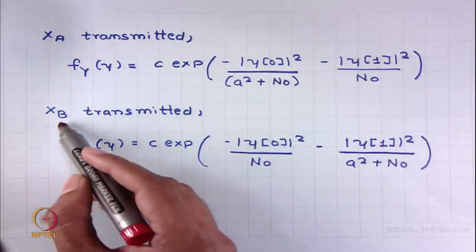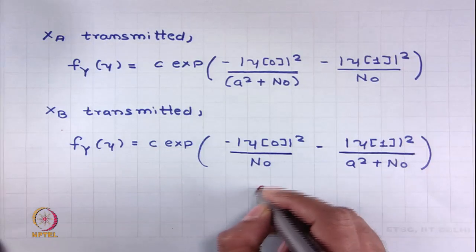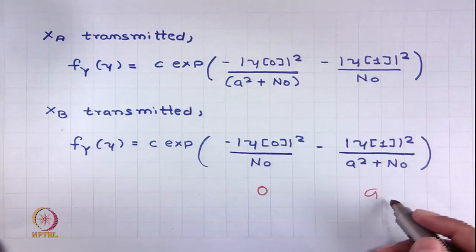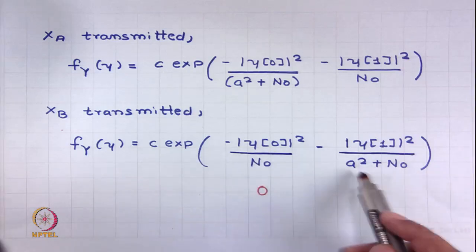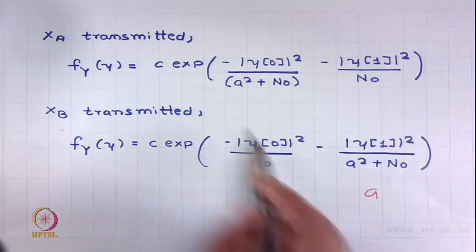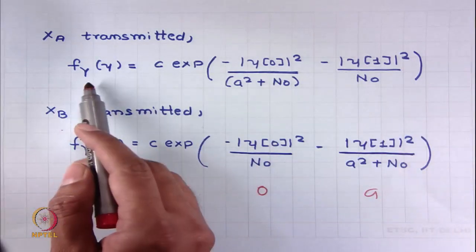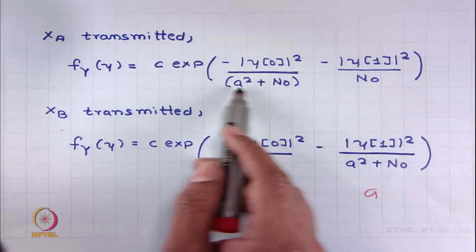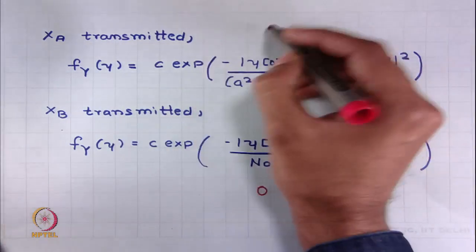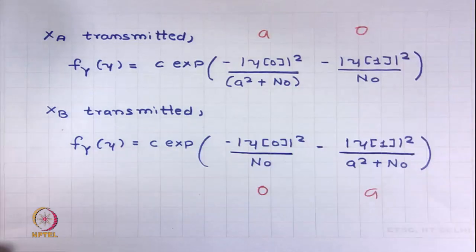In case of x b, we have nothing for symbol 0 and we have a for symbol 1, and hence the variance in this case is a square plus n naught, the variance in this case is n naught. The things that were different here is that the variance in this case is a square plus n naught and the variance here is n naught, because in x a we are transmitting a and 0.